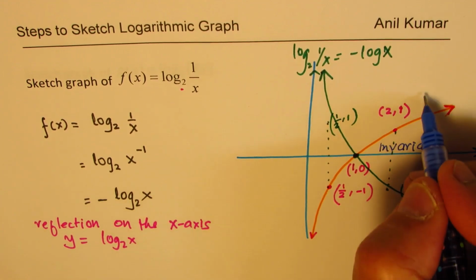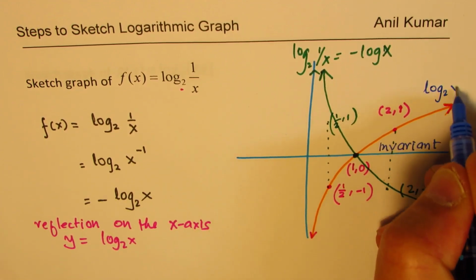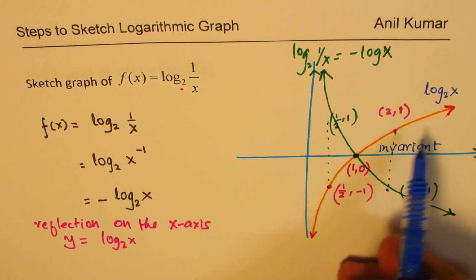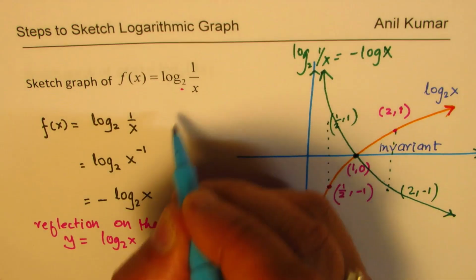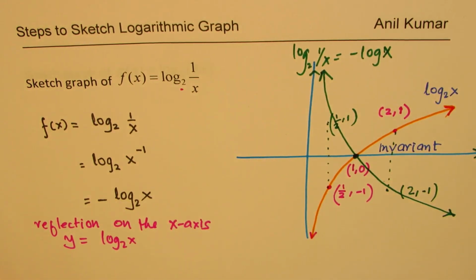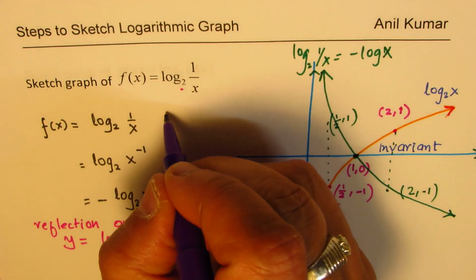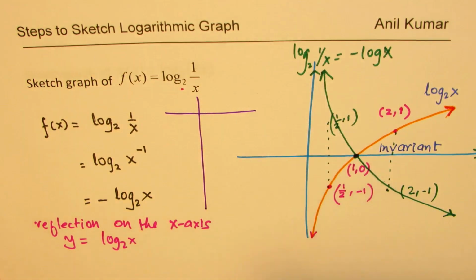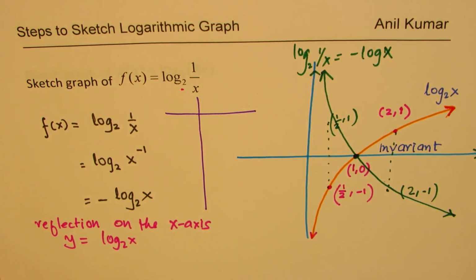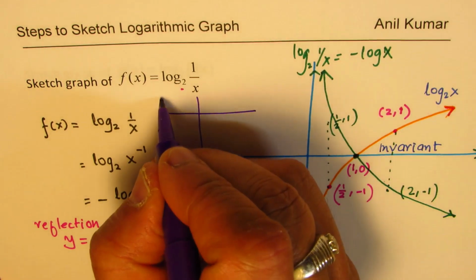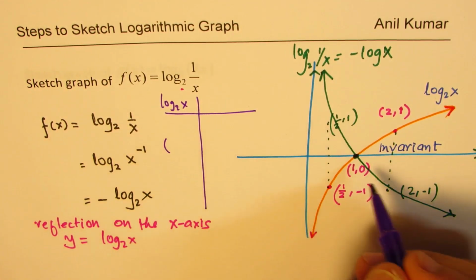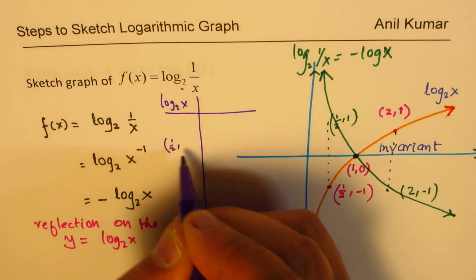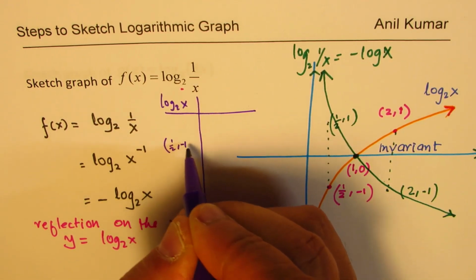Perfect. So we started with the graph of log to the base 2 of x. We know the key points here. So if you want, you can actually write down the key points also. That helps, right? So the key points which we had been talking about are, for log to the base 2 of x, we know that at half, the y value was minus 1.